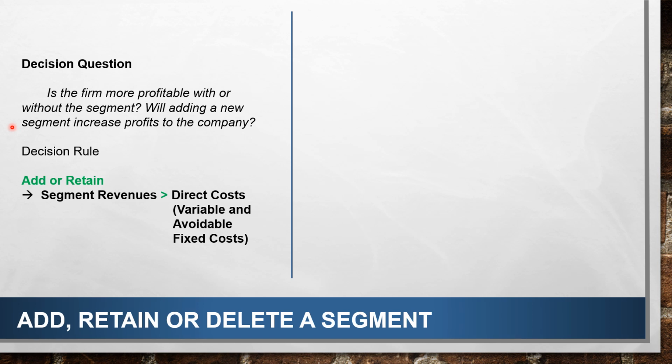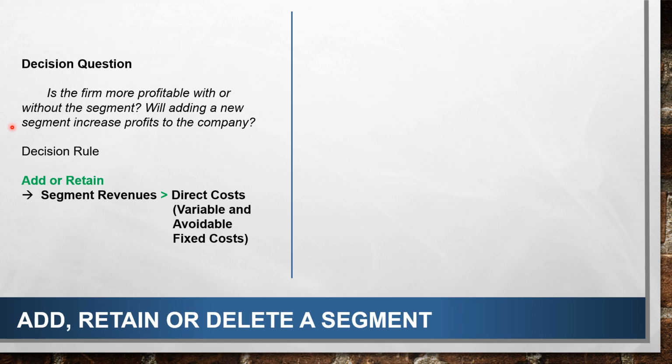Okay, so direct costs are variable and avoidable fixed costs, as we have already understood in responsibility accounting. We add or retain a segment as long as there is a positive segment margin, right? Because segment revenue less direct cost is what we call segment margin.